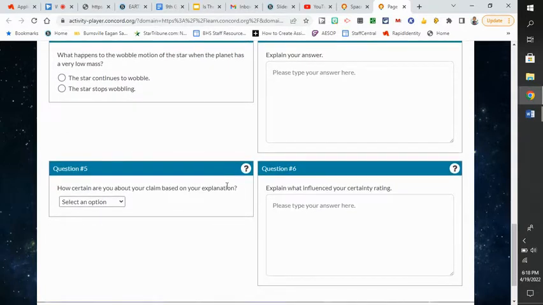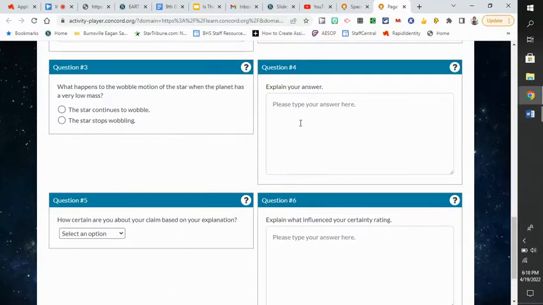Question 5. How certain are you about your claim based on your explanation? And what influenced your certainty rating? So once again, when we write these, be sure that you use examples from the simulation.